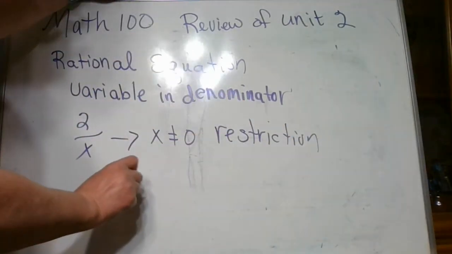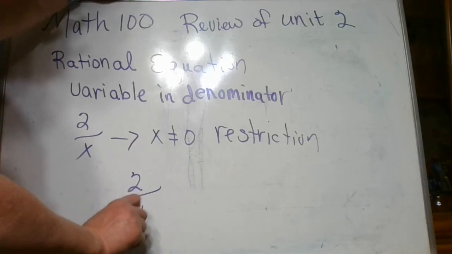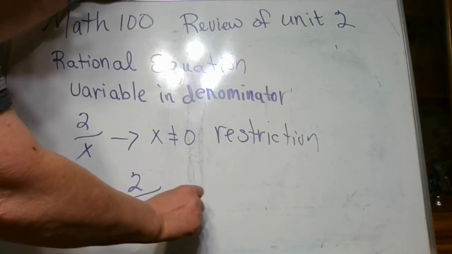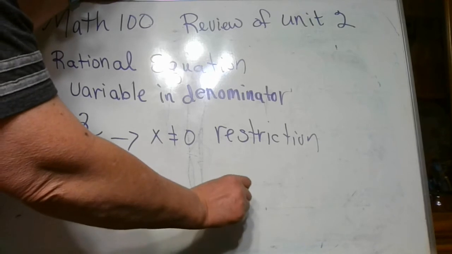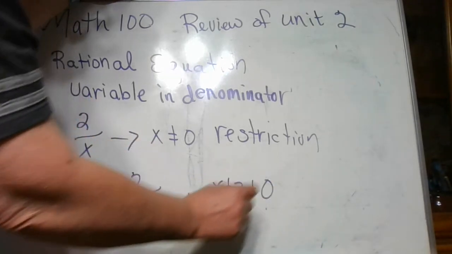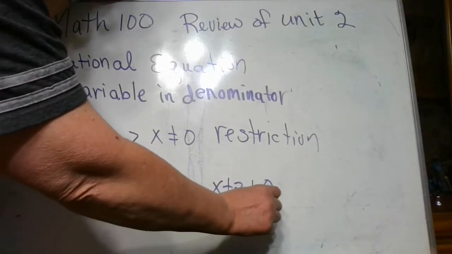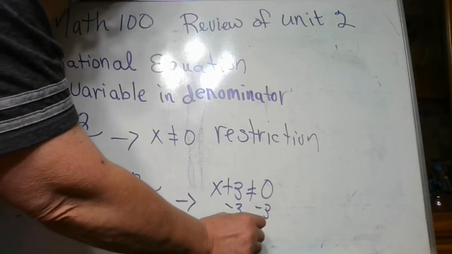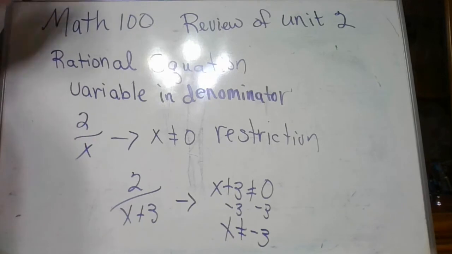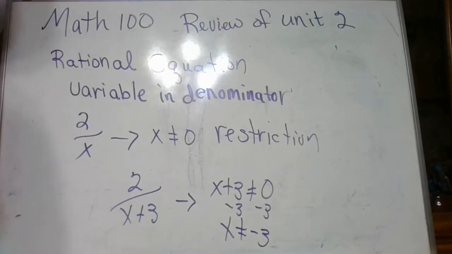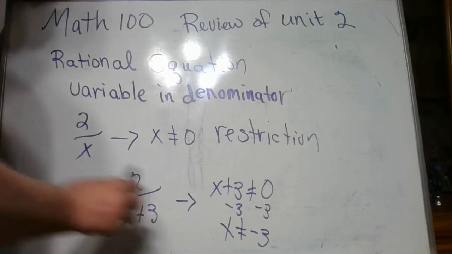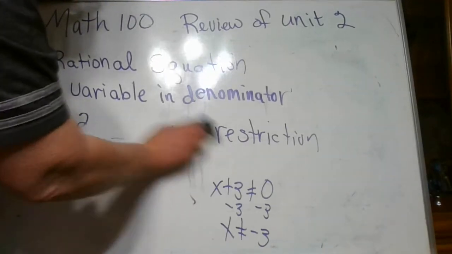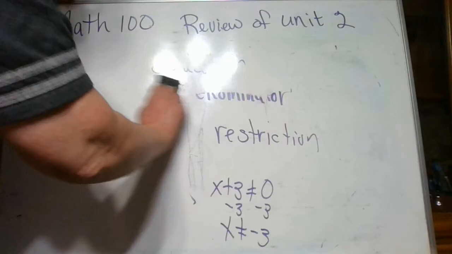If I have 2 over x plus 3, then x plus 3 cannot equal 0, so I need to solve that and subtract 3 from both sides. So my restriction is x cannot equal negative 3. So keep that in mind. When you're working these, you may have to show me what the restrictions are. It just means that it cannot equal 0.